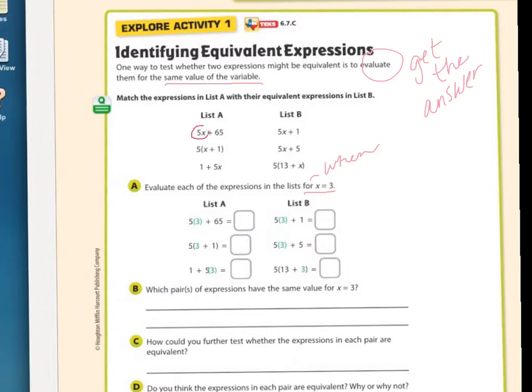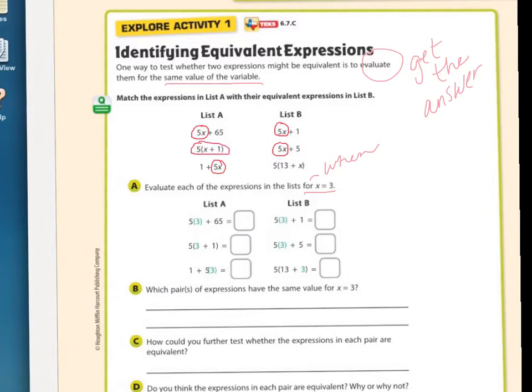When you see that 5 right next door to that variable x, that means you're going to multiply. Let's see where else there are letters and numbers right next door to each other. There's one, there's another, and here's one. All of those are multiply. This also is multiply right here.